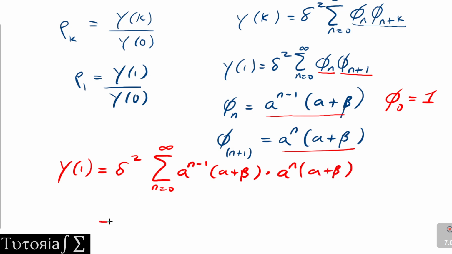Okay, and simplify this as summation from 0 to infinity. So this will add up and give us a to the power 2n minus 1. Then this will give us a plus beta to the power 2.